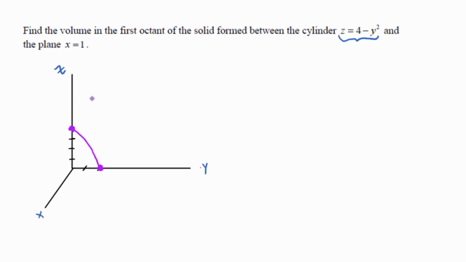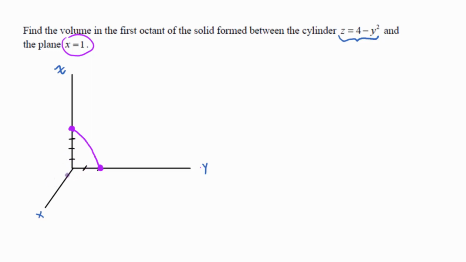And then you translate that generating curve parallel to the variable you don't see in the equation, right? The x-axis. And then how far out? Well, this gives you a wall, doesn't it? x equals 1 in space is a vertical plane at a position of x equals 1, no matter what these y and z coordinates are. So I don't need to draw that wall.